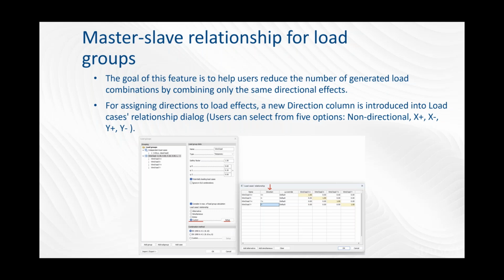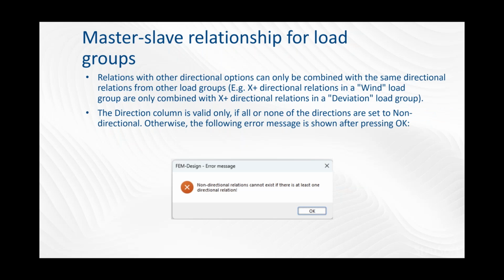I think that this is quite useful for very big models that require a huge computational time. And you also have this error message if you are trying to combine non-directional relations with directional relations.